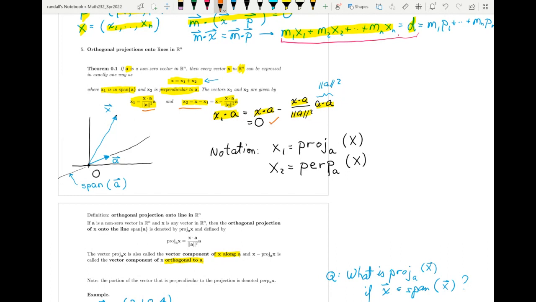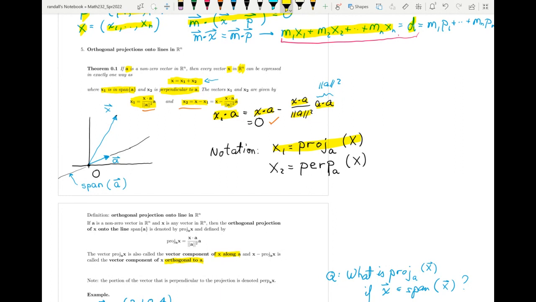And that's the only way you can write x as a sum of vectors with those properties, one parallel to A and one perpendicular to A. There's only one choice, and this is it. Here's some notation that we'll see later on and throughout the course. x1, the part of this vector that's parallel to A, we'll call the projection of x along A. So proj, P-R-O-J, is short for projection, and I have to specify what direction I'm projecting onto.